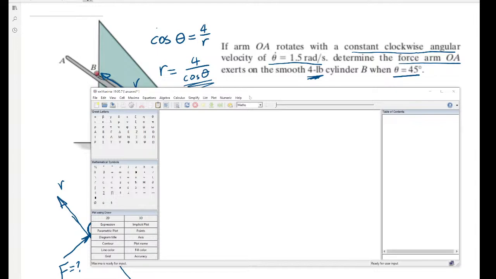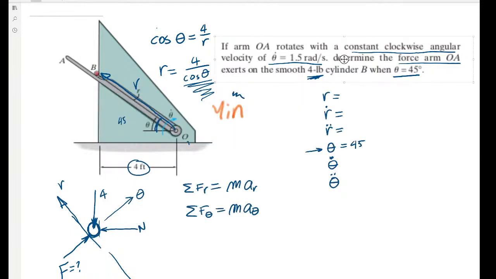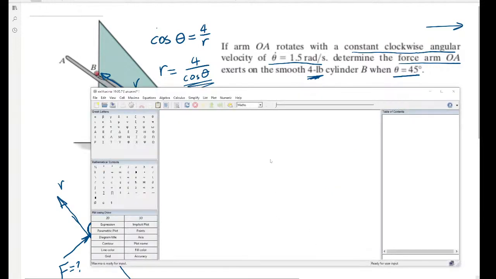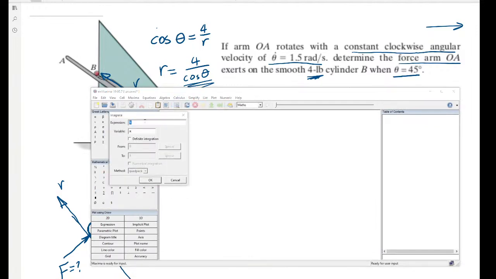Okay, so what we have, let's go back to the thing. We have, and I can write to the right over here, 4 times secant theta. Now, what I'm going to do, before I go any further, I'm going to differentiate. Okay, the expression is, well, I guess I could put the 4 in there. Or I can just do this.